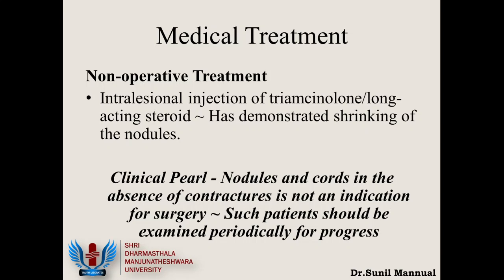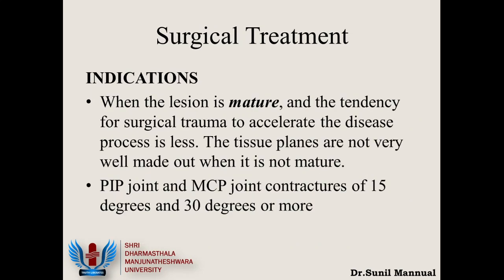Moving to slide number 32, I've put the indications for surgical treatment. Firstly, only if the cords and nodules are causing a contracture or a limitation of the finger movements, that is when we will have to go in and do a surgical release. The other thing is we also have to wait for the disease to be mature.